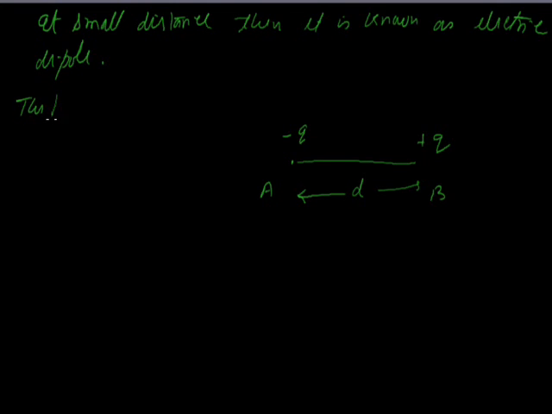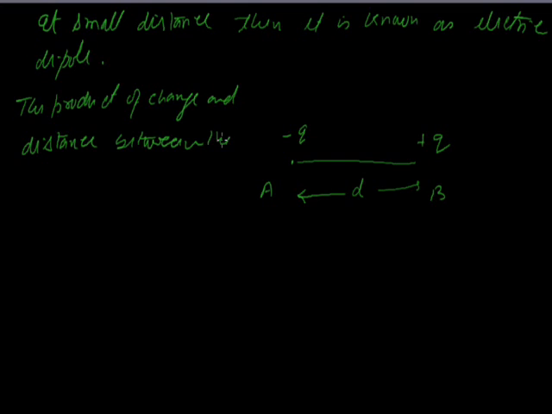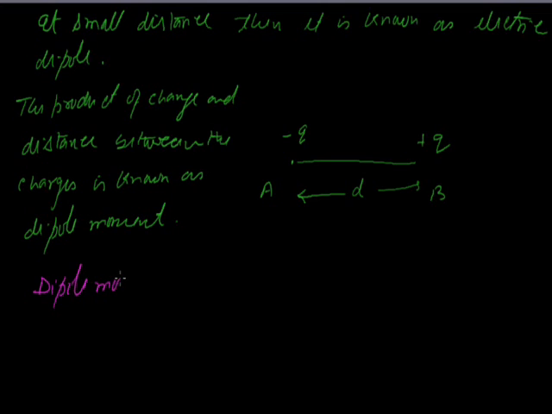The product of charge and the distance between the charges is known as dipole moment, denoted by P. Dipole moment P is q into d.